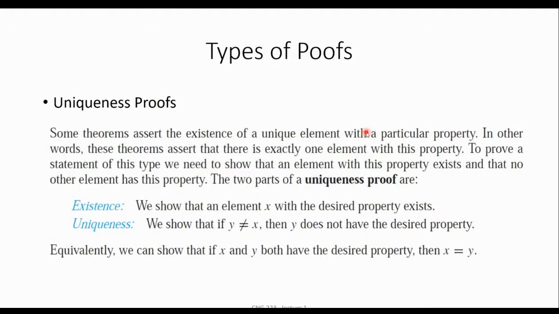So another one is called uniqueness proof. For theorems which are related to uniqueness, we should follow these two steps. First of all, we should say that such an element exists, so by using the previous method, the existence proof, we show that. For the uniqueness part, we should consider an arbitrary variable y, and we should show that it's not possible for y to be different from x.